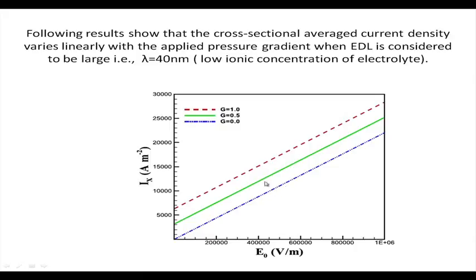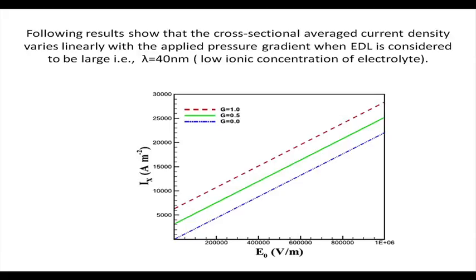So, we find that the effect of g is now quite evident from here, a linear increment in the current density. This is how we can measure the electroosmotic pump and current density through a slit channel in fully developed EOF.